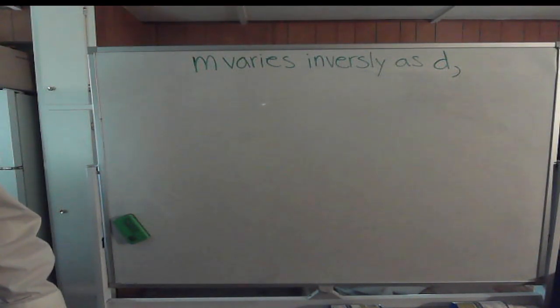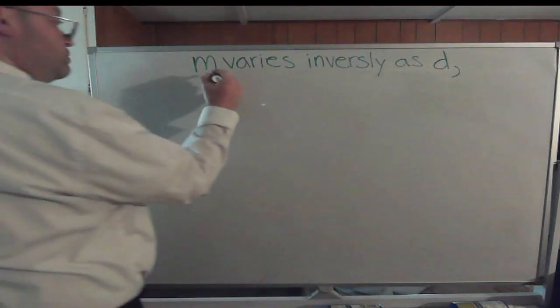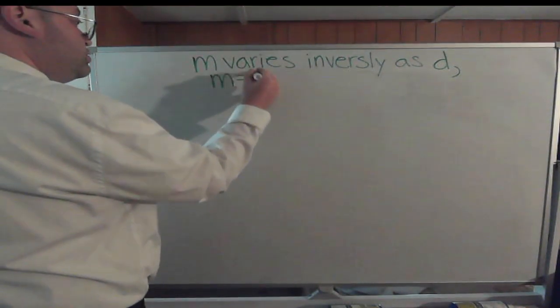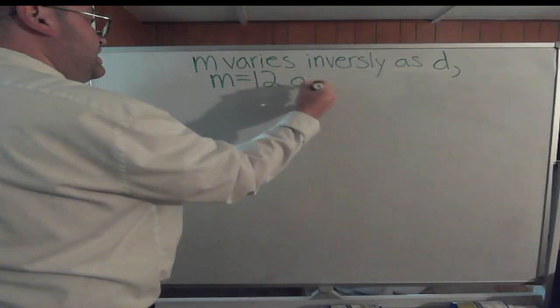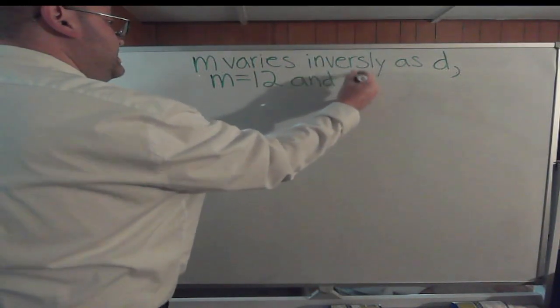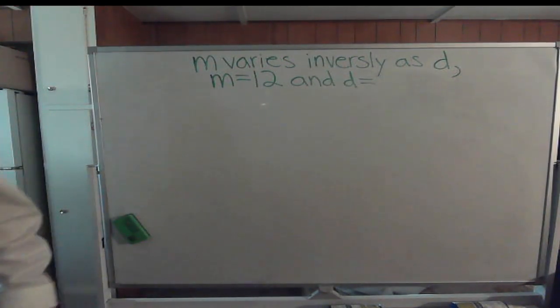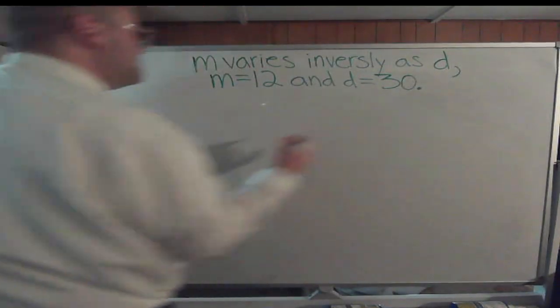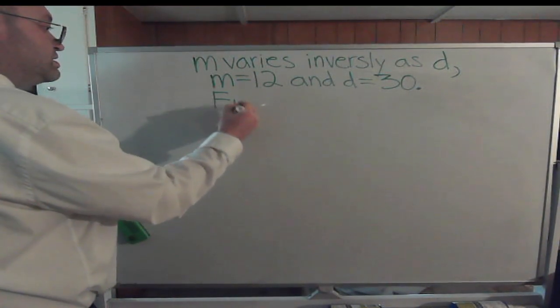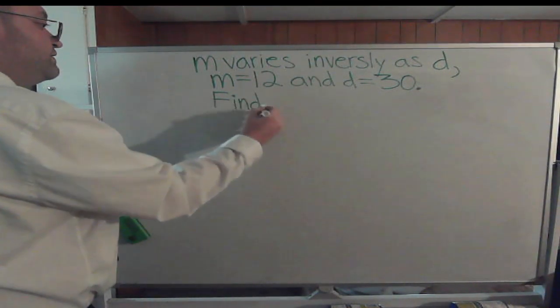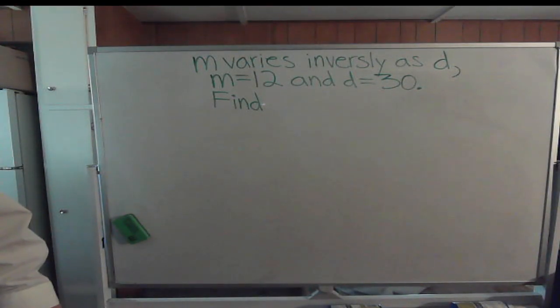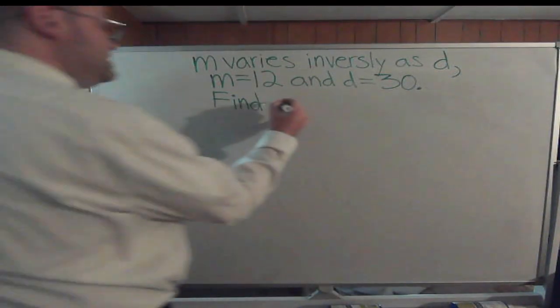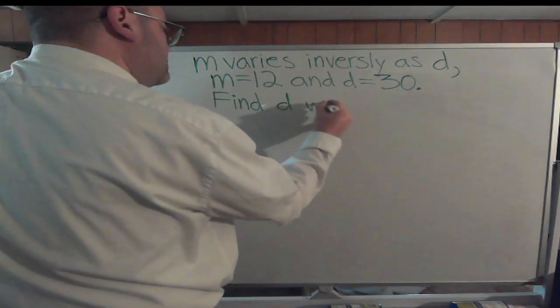They give you where m equals 12 and d equals 30. Find d when m equals 9.